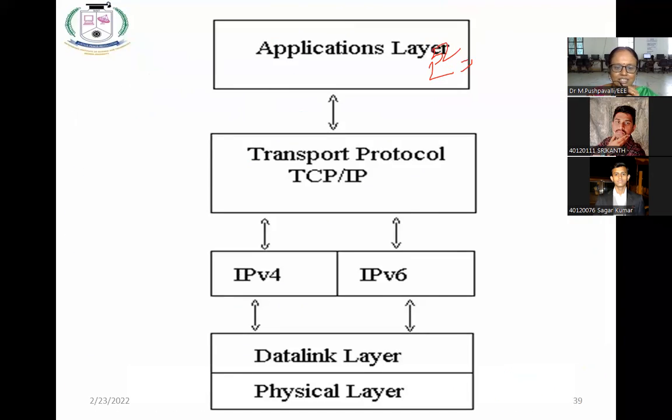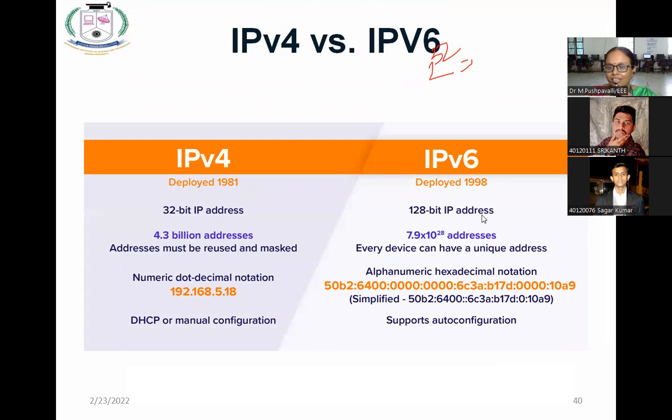You see our difference. In IPv6 we use a much larger number, 128-bit IP addresses, around 7.9 x 10^28 addresses. So the shortage will be recovered from IPv4 to IPv6. Is that clear? But some older systems have IPv4 only and do not support IPv6, while in Windows 10 and Windows 11 we can go with IPv6 also.